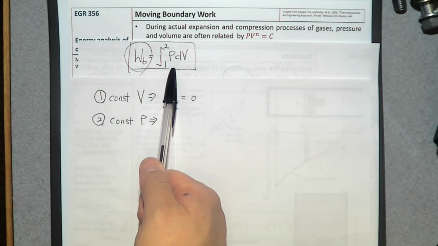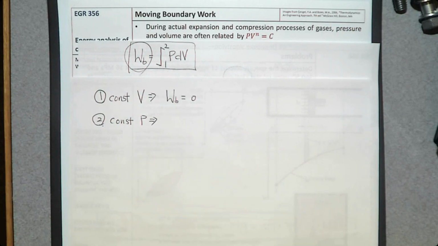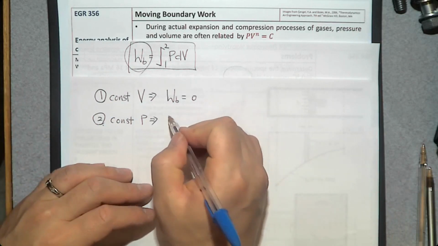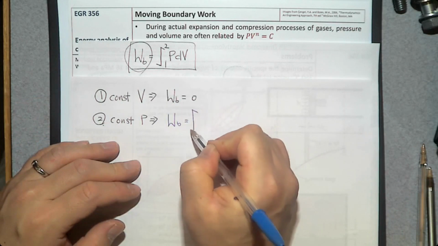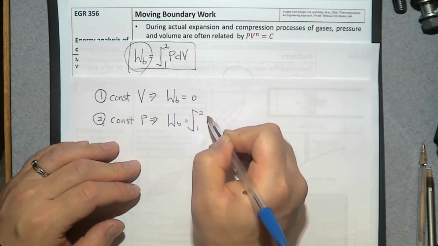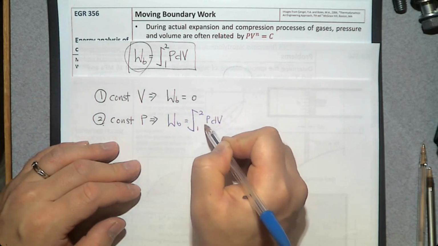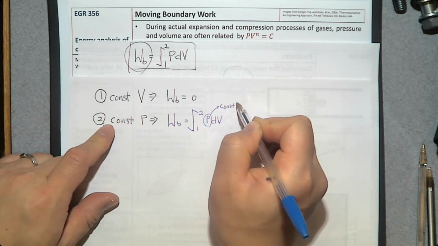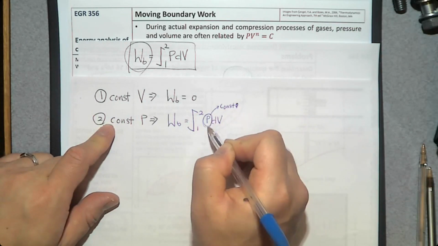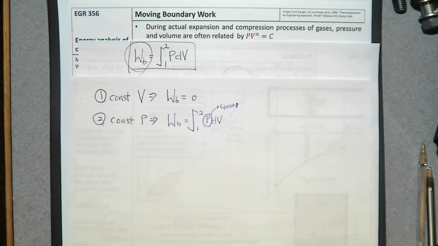If it is constant pressure, we can solve this one, right? Let's talk about mathematics a little bit. It's not that hard. If it is a constant pressure process, what happened to this P? It's constant. If there's a constant inside the integration, you take it out, right?